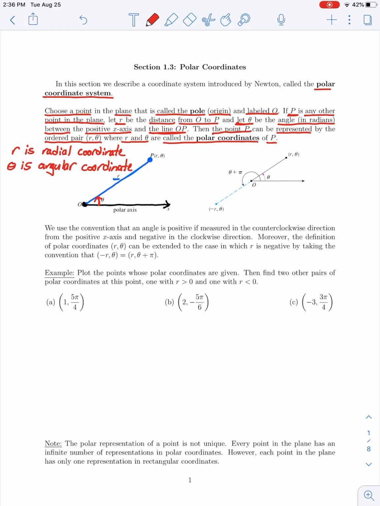Now, something to note here, we will use the convention for the polar coordinate system that the angle is positive if we're measuring in the counterclockwise direction from the positive x-axis. So if I'm rotating from my polar axis counterclockwise, this would be a positive value of theta, and we would assign a negative value to theta if we're rotating in the clockwise direction.